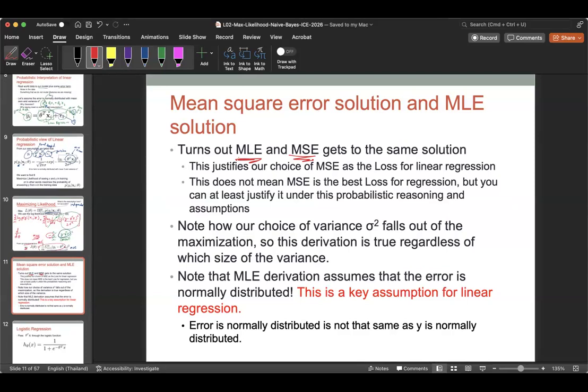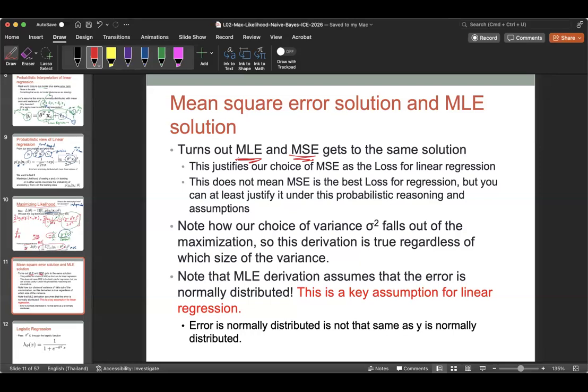Last time we discussed whether it makes sense to use MSE. What justifies using MSE? We discussed that the only thing that is good about MSE is that the gradient is easy to take compared to the absolute value. But with absolute value, you don't have to care as much about outliers. It's better for outliers.